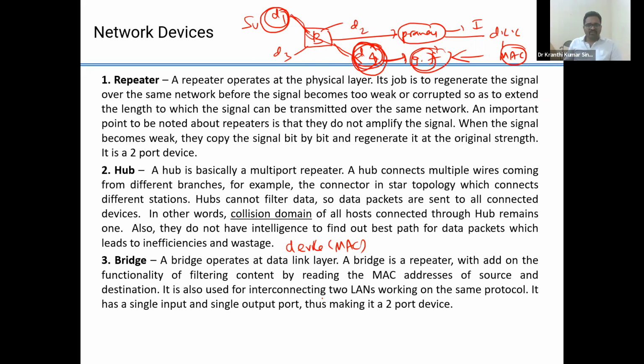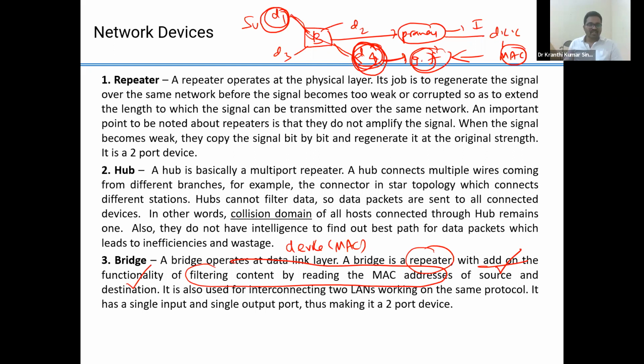So see here, a bridge operates at the data link layer. A bridge is a repeater. It also acts as a repeater with the add-on functionality called filtering content by reading the MAC addresses of the specific source and specific destination, and the communication is established between those two devices only, but not all the other devices connected to the bridge.